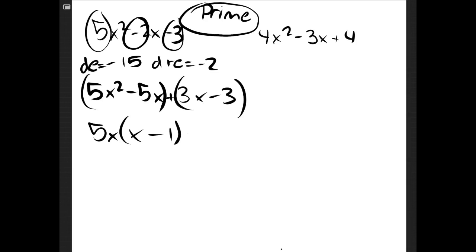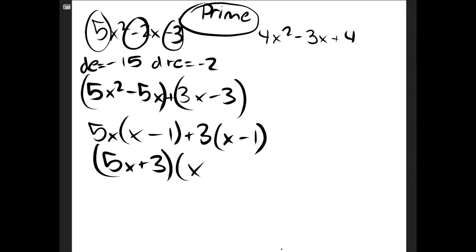And then you can take out 3 from this next one, so 3, and then you can do x minus 1. So 5x plus 3 times x minus 1. And so that means this one is not prime. So this one is fine.